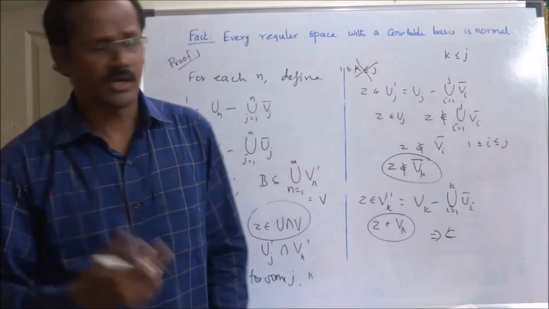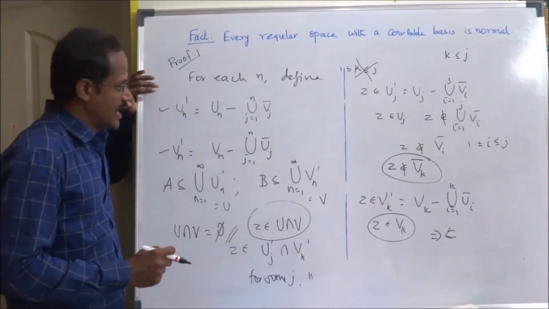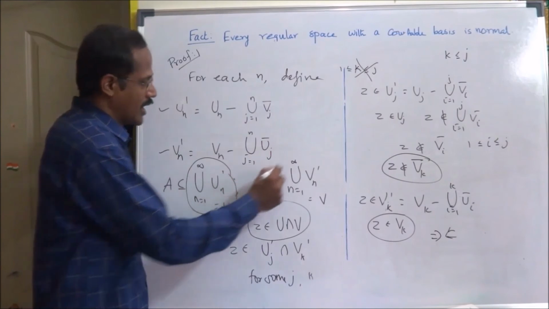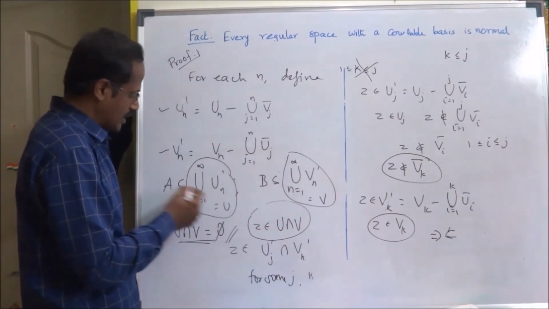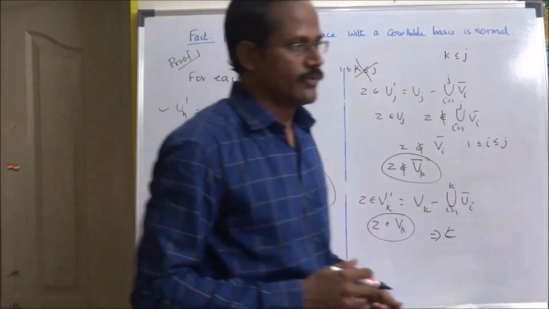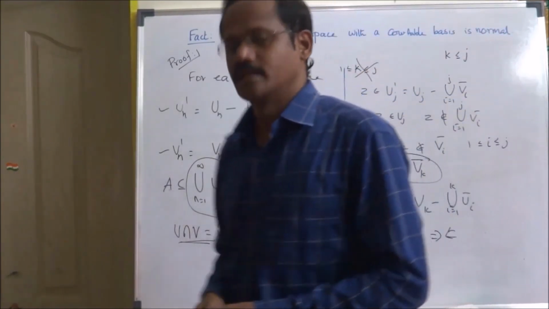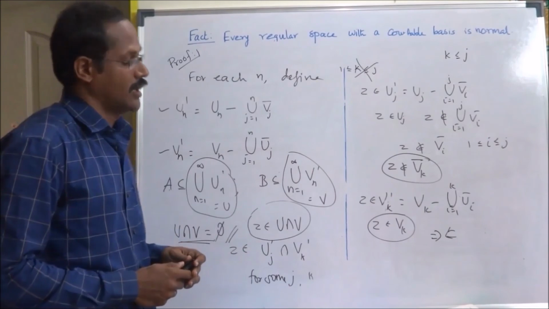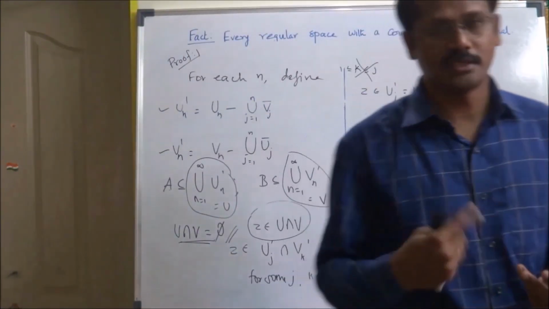So to summarize what we have proved: for arbitrary disjoint closed sets A and B, there are open sets U and V which are disjoint, U containing A and V containing B. That means for each pair of disjoint closed sets, there are disjoint open sets which separate them. This proves that X is a normal space, because we have already proved that X is a T1 space.